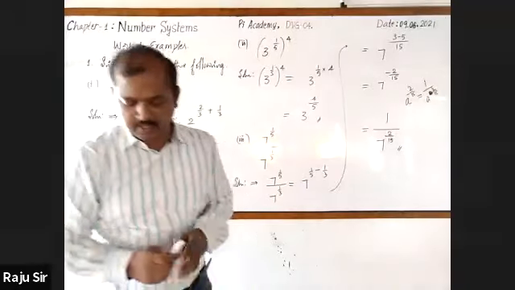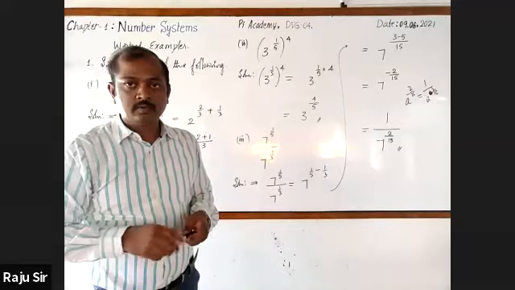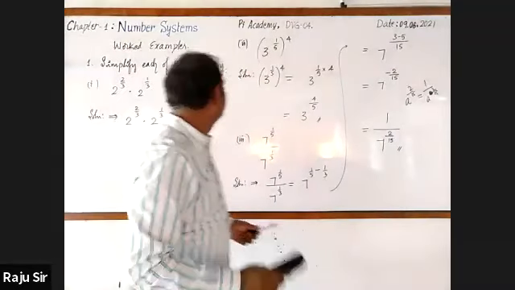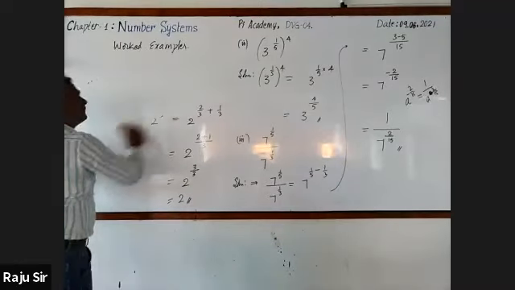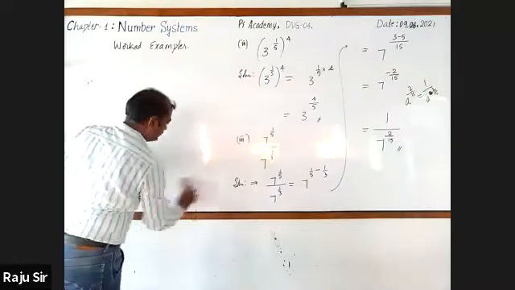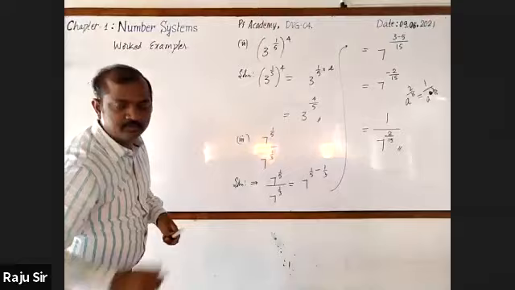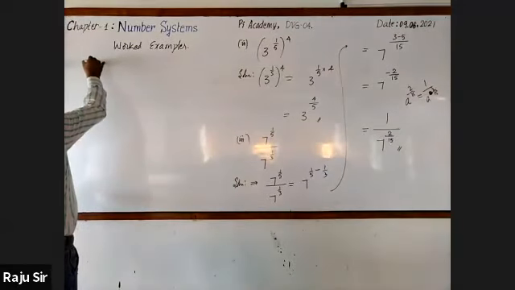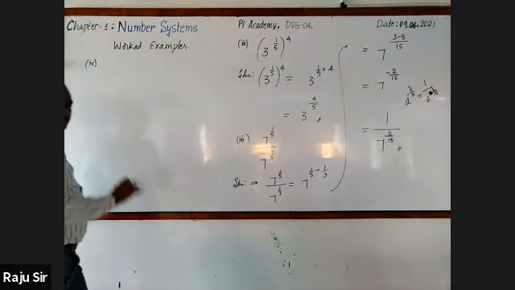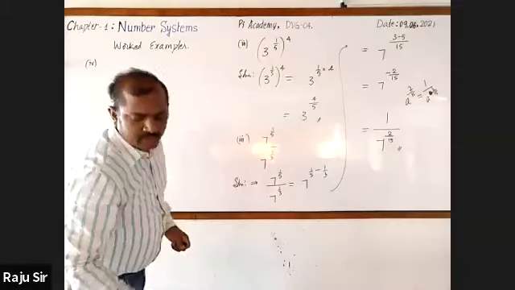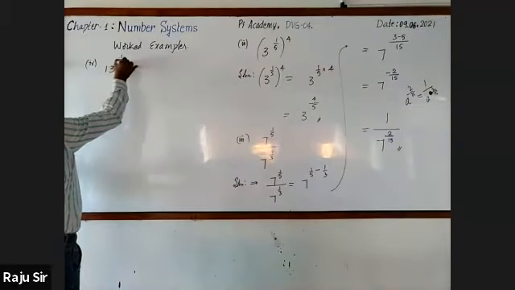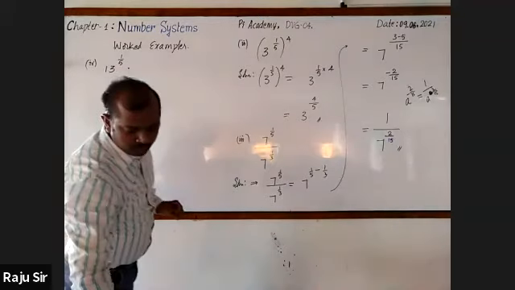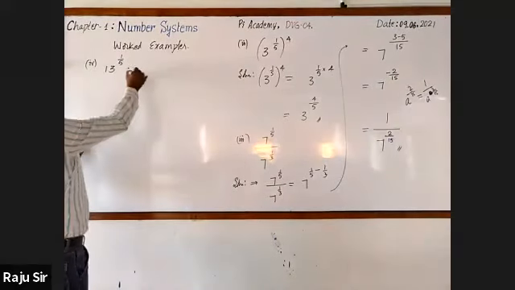Now let me take another one. It is the fourth one. The fourth one is 13 raised to the power 1 by 5 into 17 raised to the power 1 by 5.